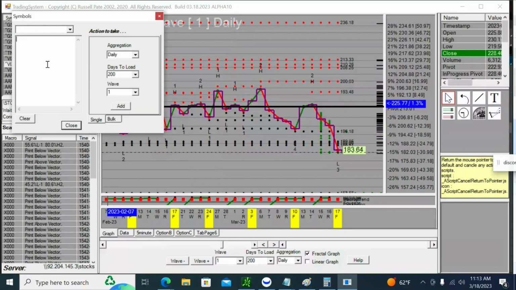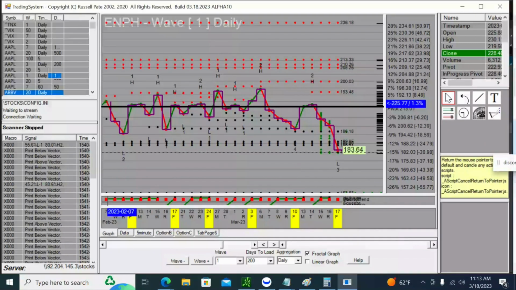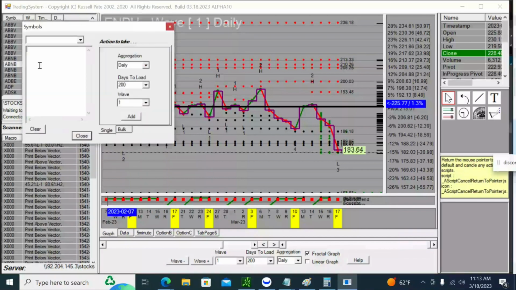I'll use, what was the one? Airbnb. 60 and then a 7. 760.